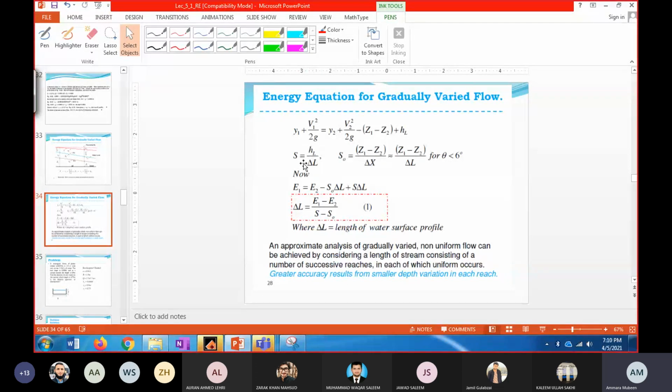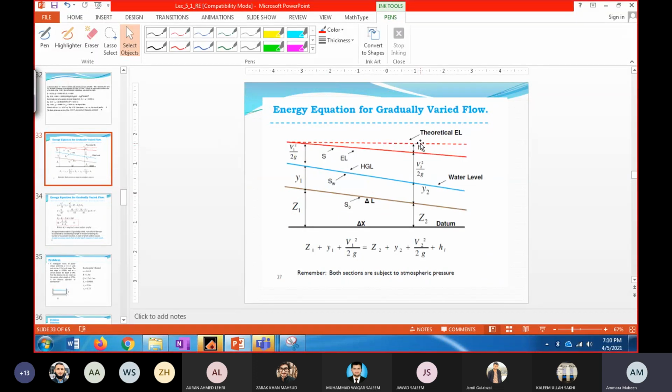So slope of the energy line is actually head loss per unit change in length. Head loss over delta L would be called the slope of this energy line. Though gradient is actually the tangent theta, but here we are taking the sine theta.